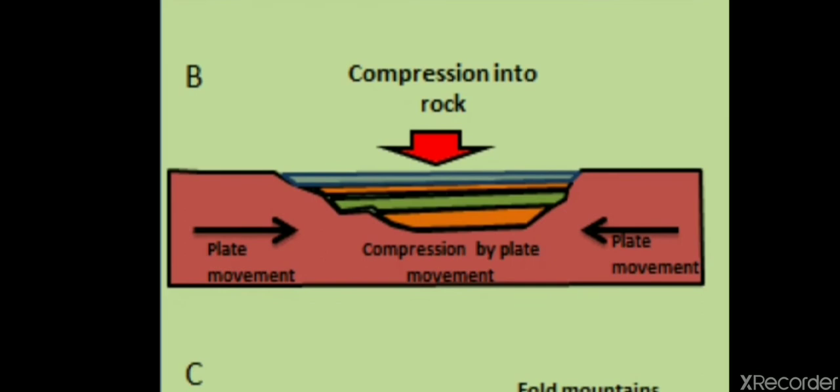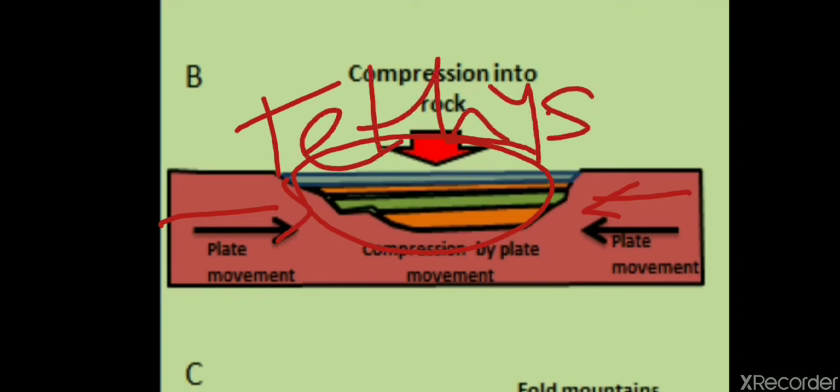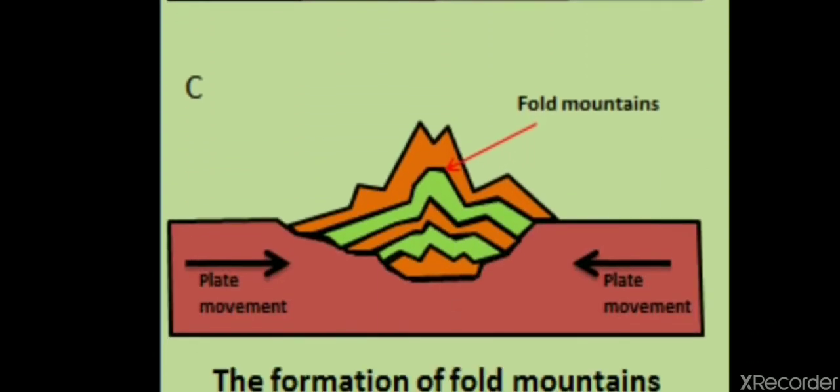As I mentioned, these two plates were coming towards each other, and between them there was a geosyncline, the Tethys. And what kind of rocks did this Tethys have? Sedimentary rocks, which started to fold, and thereafter the Himalaya formed.